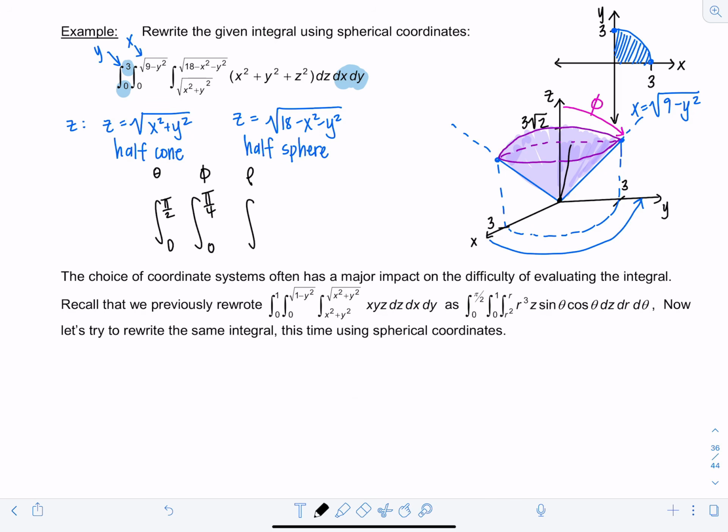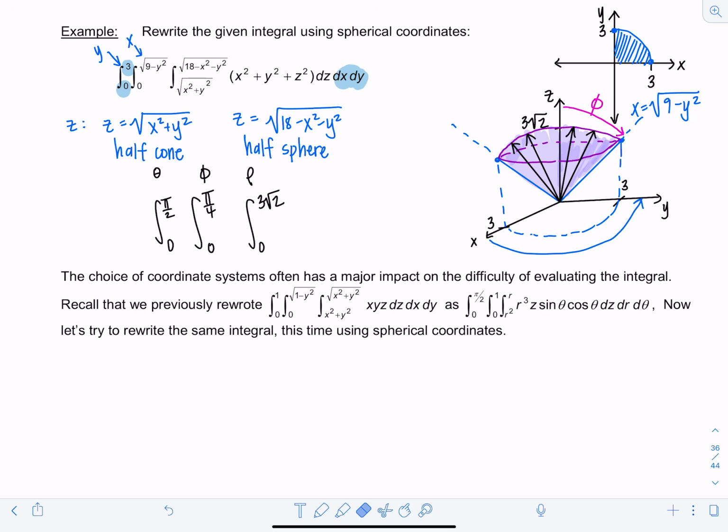Start at the origin, go until you hit the end of your solid that's swept out by rho. So it looks like it's going from 0 up until the sphere, yes? So from 0 up until, now what would the sphere's equation be in spherical coordinates? You just get precisely what the radius is, which is 3 root 2.